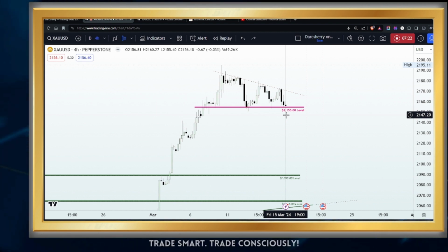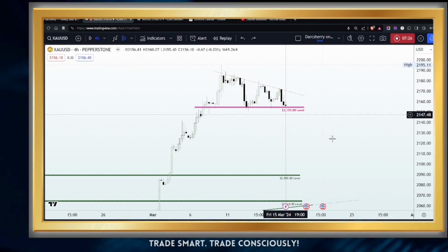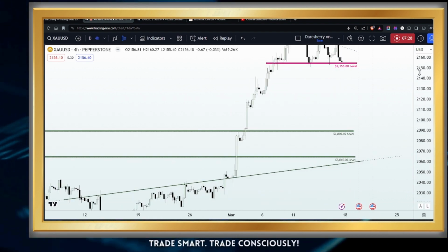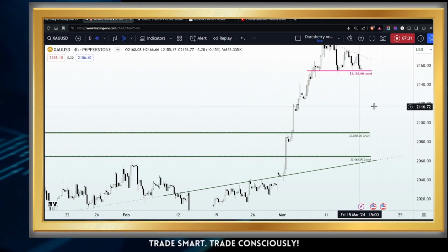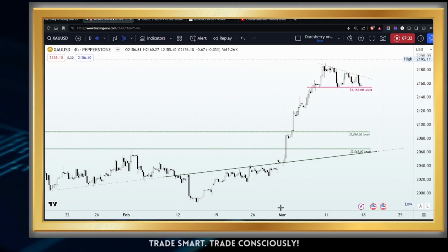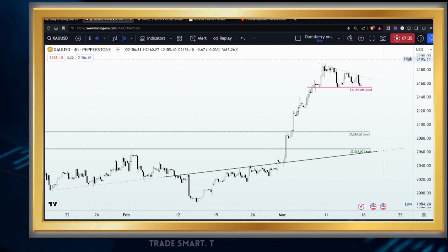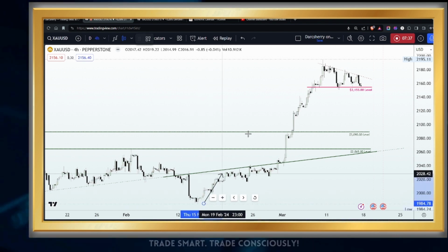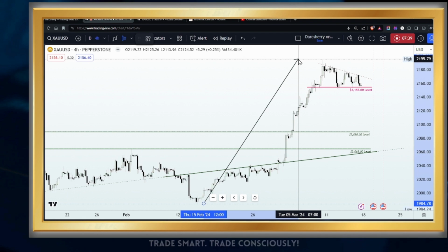We all understand that at the culmination of each impulsive leg, as you will see here, remember this impulse leg started somewhere in the month of February, I think. Let's see. Yes, in the month of February, as you will see here, it started around there, all into that all-time high.